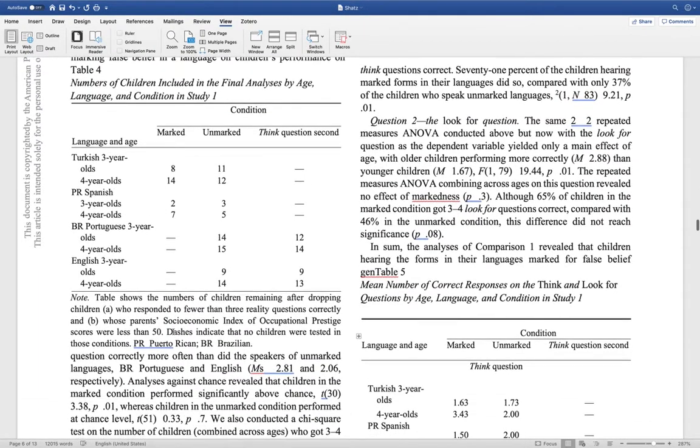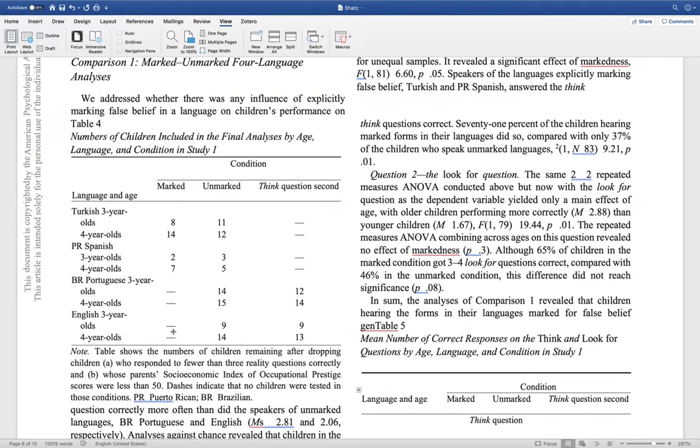So that's table 4 right there. So you can see who ended up where. So we have 8. Oh, this is so unfortunate. We have 8 people in the Turkish marked condition, 8 3-year-olds. Oh, we have more than 8. Okay, we have 14 4-year-olds.